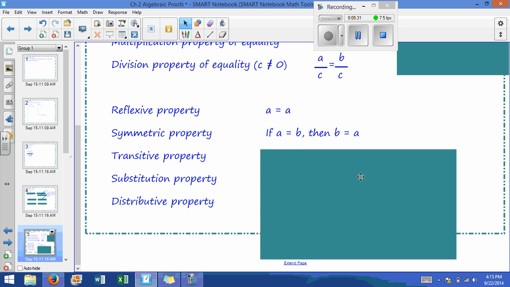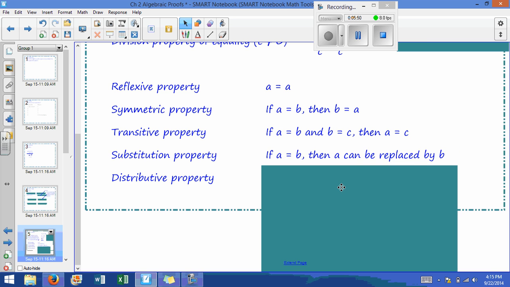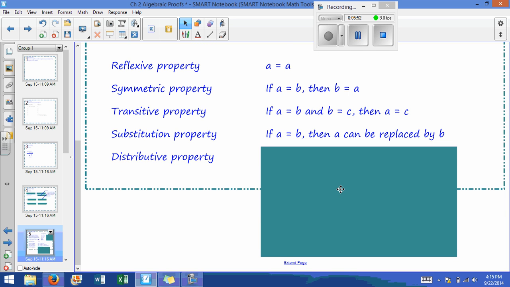The transitive property, I think of this one as a train. So if the front of the train is connected to the middle, and the middle of the train is connected to the end, well then obviously everything is connected, so the front is in fact connected to the end. Okay. This could make more sense if I talk about substitution. Substitution property you've done before in Algebra 1.